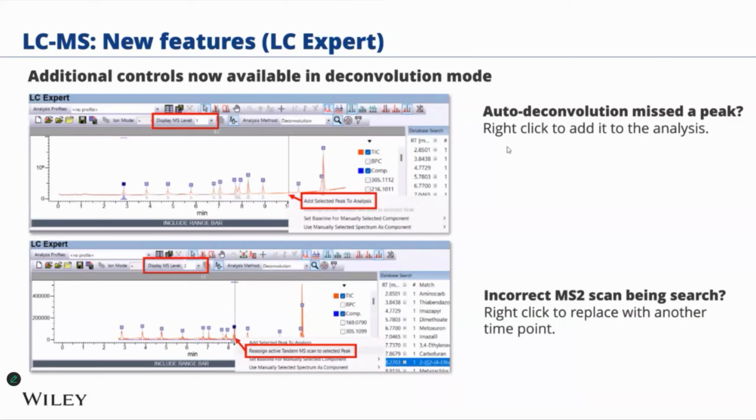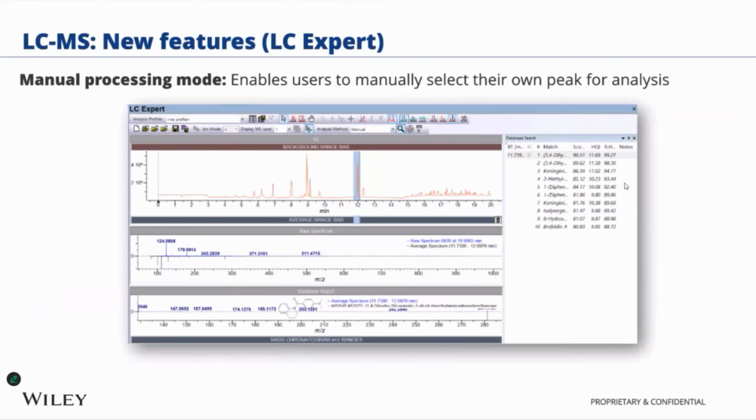Also in the LCMS area, one can specify to manually add peaks that are missed by automatic deconvolution on different levels. And also one can manually analyze peaks instead of making it an automatic process.